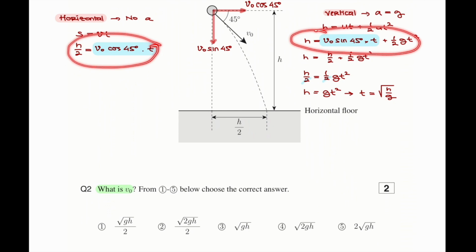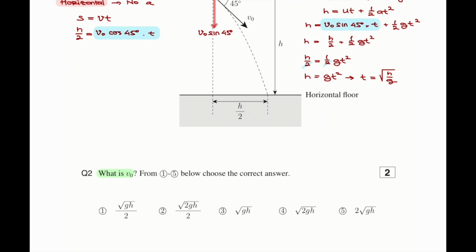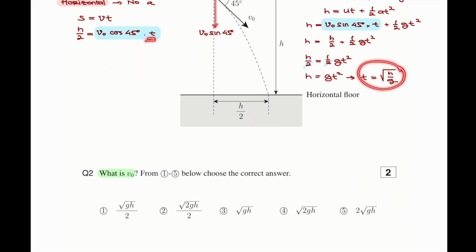Let's try to substitute it into this expression first. We want to change the t here to square root h over g. So I will get h over 2 is equal to VO cos 45 degree times square root h over g.